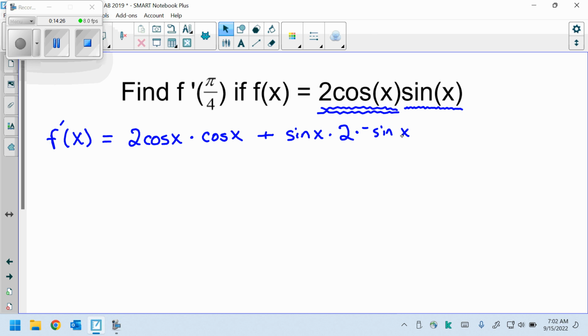And now, we're going to get rid of all of these x's. You could try to simplify. I don't think it really does simplify. But you could try. There's really no need to. It's just time to say, all right, now that I've found the derivative, I am going to replace my x's with pi over 4s.